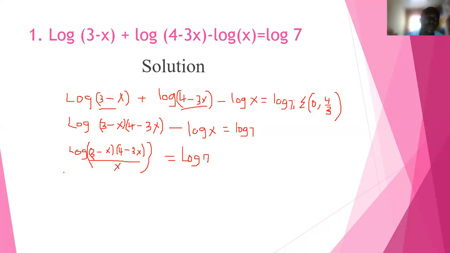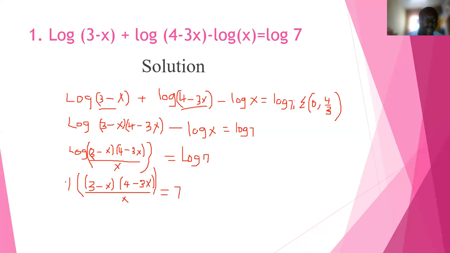From here, we drop the logs because they are of the same base. You don't cancel, but you drop. We remain with (3 minus x)(4 minus 3x) over x is equal to 7. For us to do away with the fraction, we multiply both sides by x.